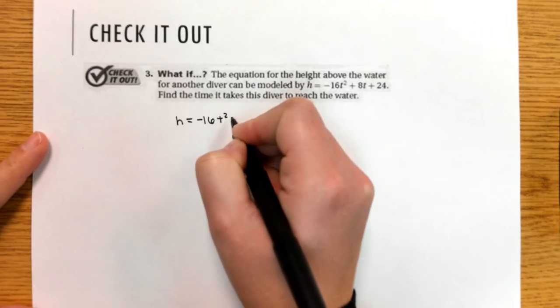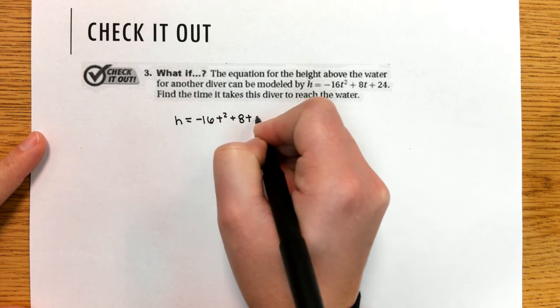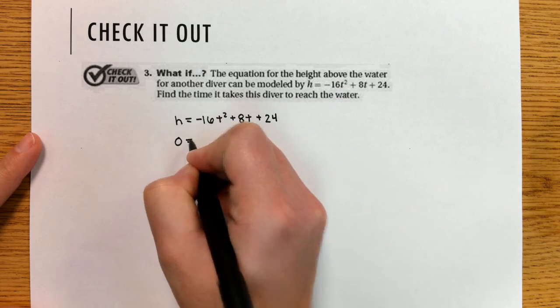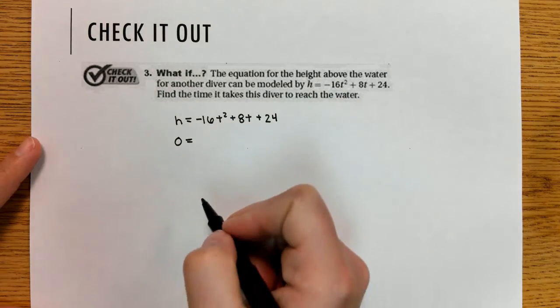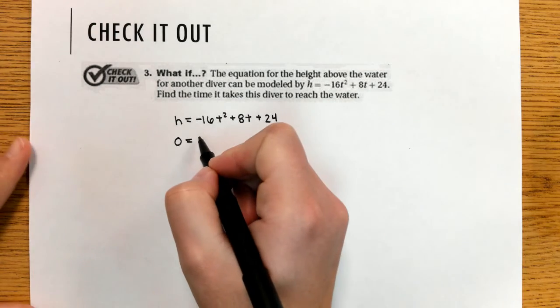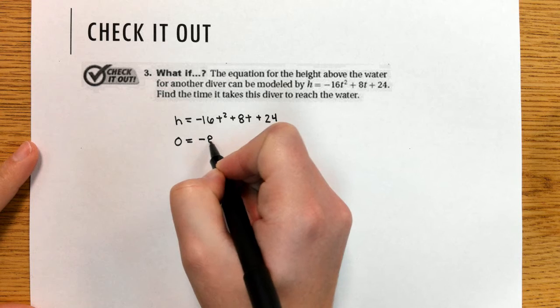So we have h equals negative 16t squared plus 8t plus 24. So I'm going to set this equal to 0, but then I'm also going to pull out my GCF right away. So negative 16, 8, and 24 have a GCF of negative 8.